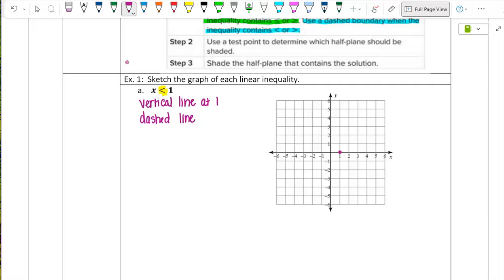And again, we're going to use a straight edge and draw a dashed vertical line there at 1. We want to make sure when we're doing a dashed line that we show space between the dashes to make it very clear.